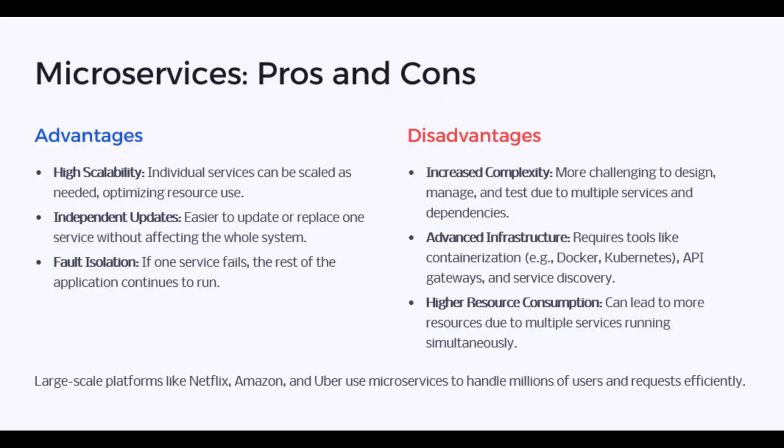They can be developed, deployed, and scaled individually. Example: Netflix has separate microservices for streaming, recommendations, billing, and user accounts. Think of it as multiple buildings in a city. Each building serves its own purpose, can be expanded independently, and if one collapses, the others still stand.